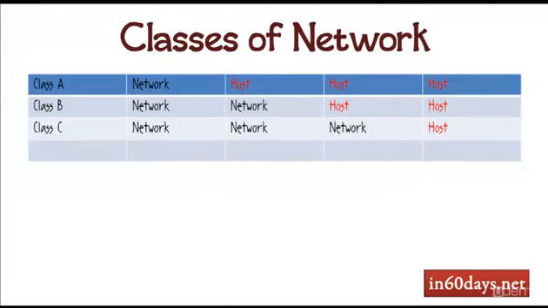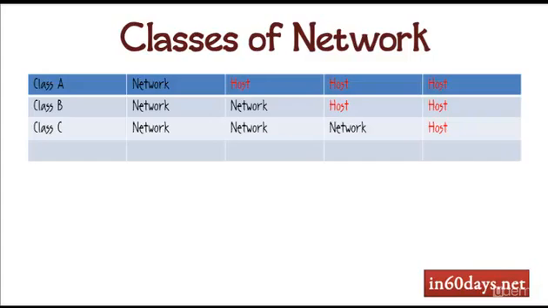So I've mentioned classes. Basically, Class A, only the first of the 3 octets is for the network. And you can see you've got 3 whole octets available for hosts on that network. For Class B, we've got more networks but fewer hosts because we've only got 2 octets available for numbering our hosts.